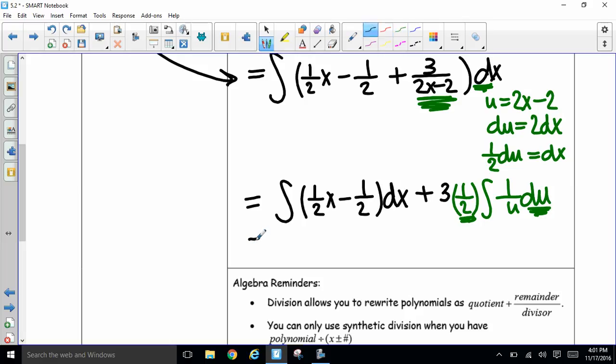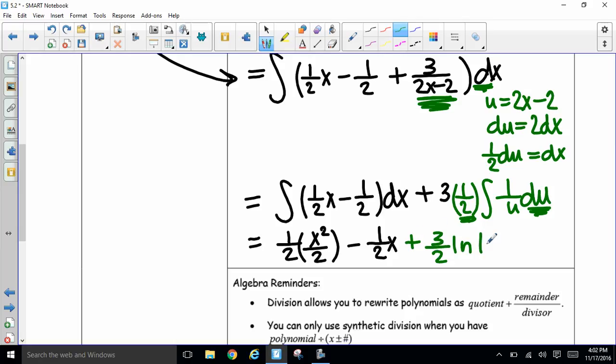Okay, so then I get 1/2, the x goes to x squared over 2 minus 1/2 x. I would have a plus c, but I'm not done integrating yet. So plus 3/2 natural log absolute value of u. Now I'll do my plus c. And my last step is just to go back and replace this u with 2x minus 2.